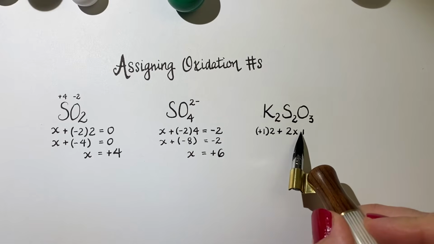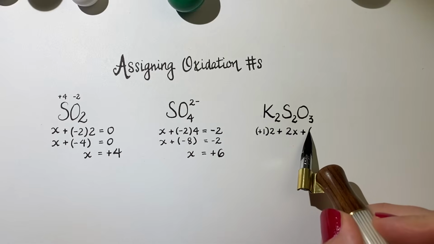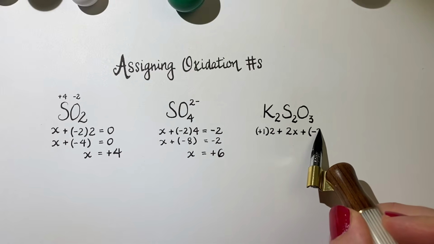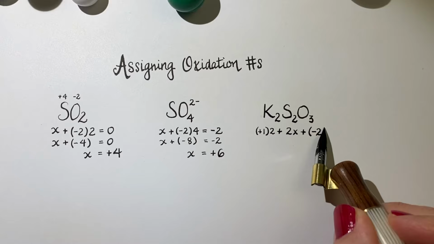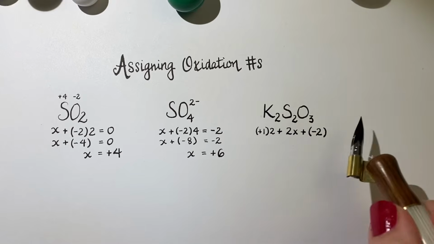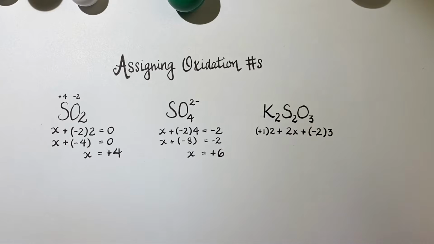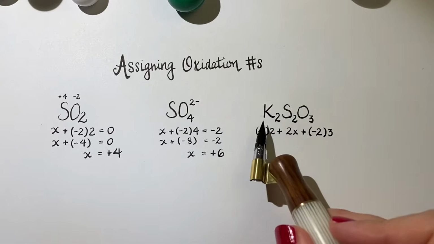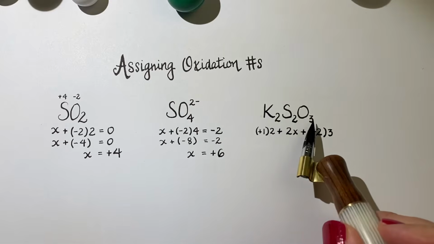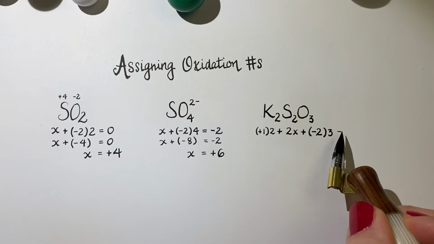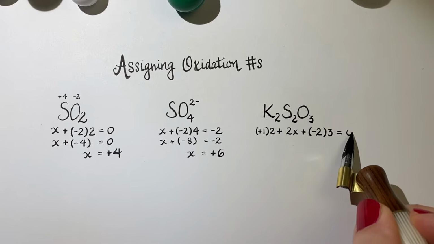Okay, and now we'll add in the oxidation number of oxygen, -2. And there are 3 of them. So we have to multiply that by 3. This is a neutral compound, so these will all add up to equal 0.